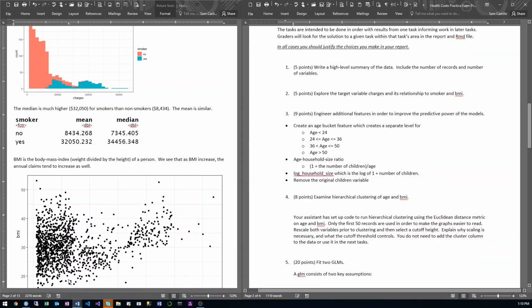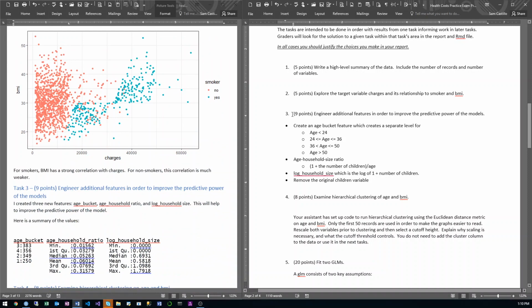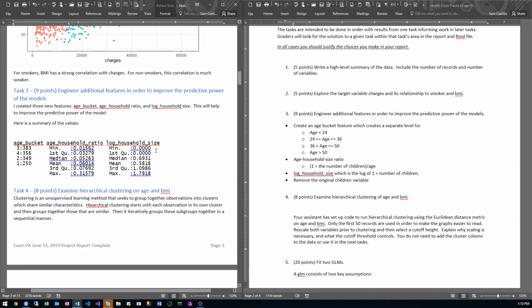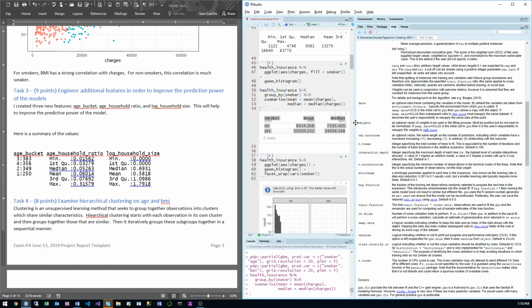Where's my project statement? Explore the target variable, engineer additional features. This was worth 9 points. So I want to make sure that I've included a lot of detailed description here. They already have what the description should be, so I'll just show them my counts.